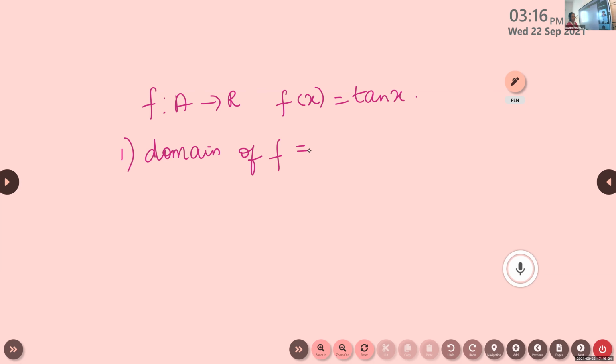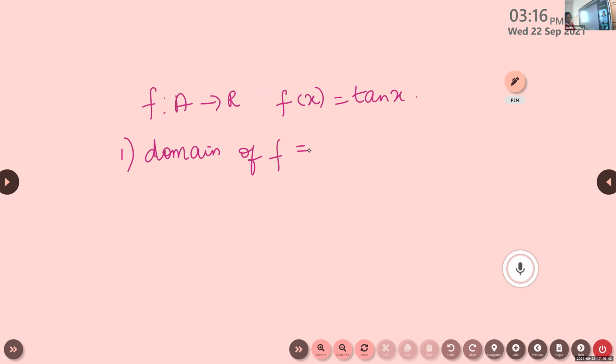What have we learned about tan x? Tan x is defined for all the real numbers except odd multiples of 90, isn't it? Whenever you get tan 90, it is undefined.